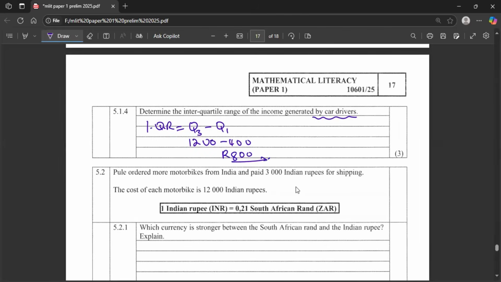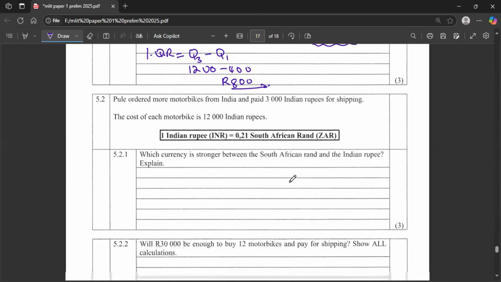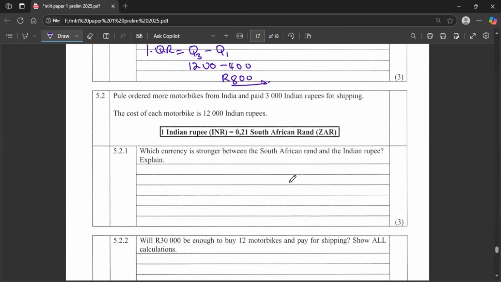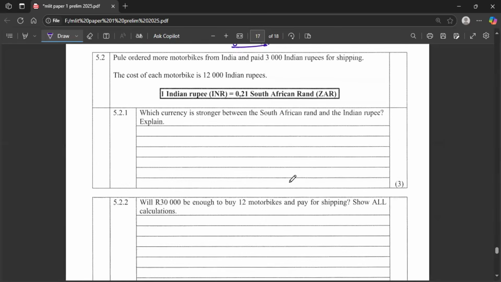All right, 5.2. Pule ordered more motorbikes from India and paid 3,000 rupees for shipping. The cost of each motorbike is 12,000 rupees. Then they're telling us that 1 Indian rupee is a fraction of the rand. So which currency is stronger? It's basically the ZAR.